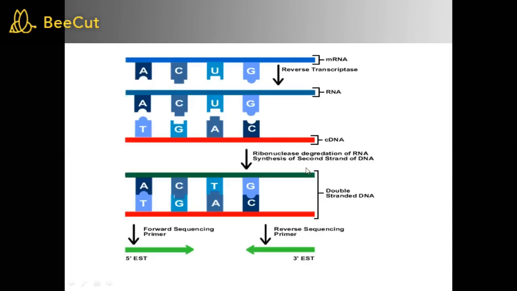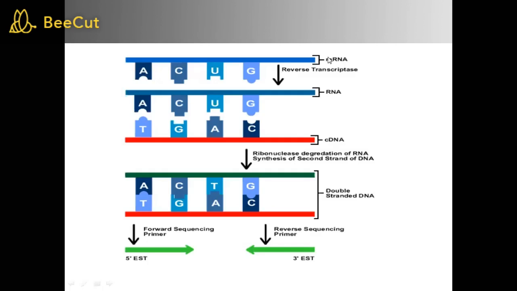Here you can see the expressed sequence tag preparation procedure. This is the mRNA molecule, A, C, U, G. In RNA, uracil is present instead of thymine.